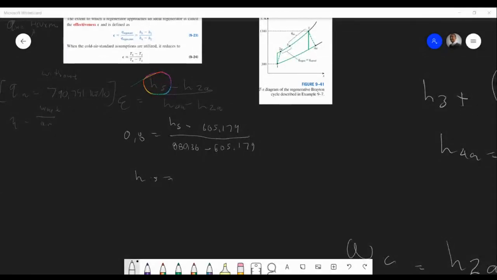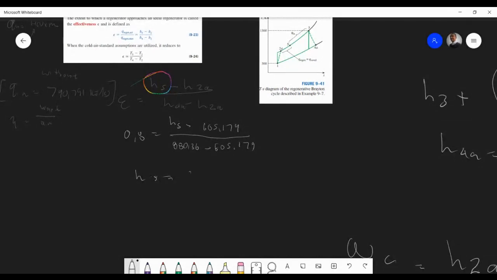Let me just make sure it's correct. 825 point, yeah, it looks a bit different from ours, but it's fine. 825.49 kilojoules per kilogram. Okay, so we got that enthalpy value. This is basically the heat exchanger, so we've got that actual value there.